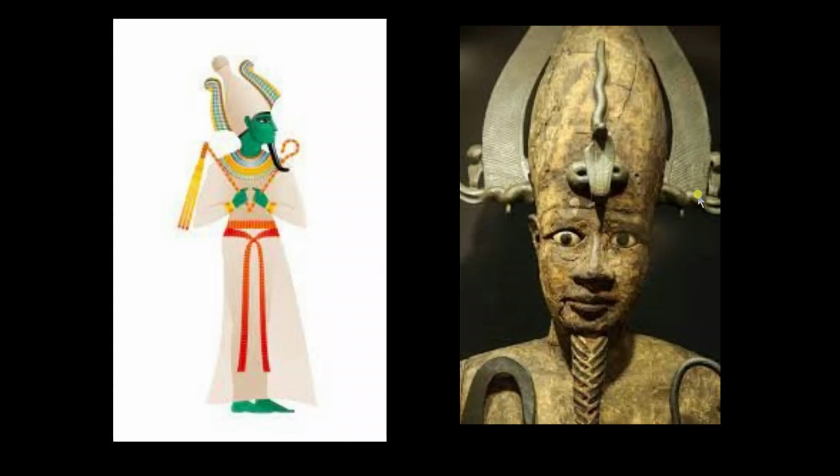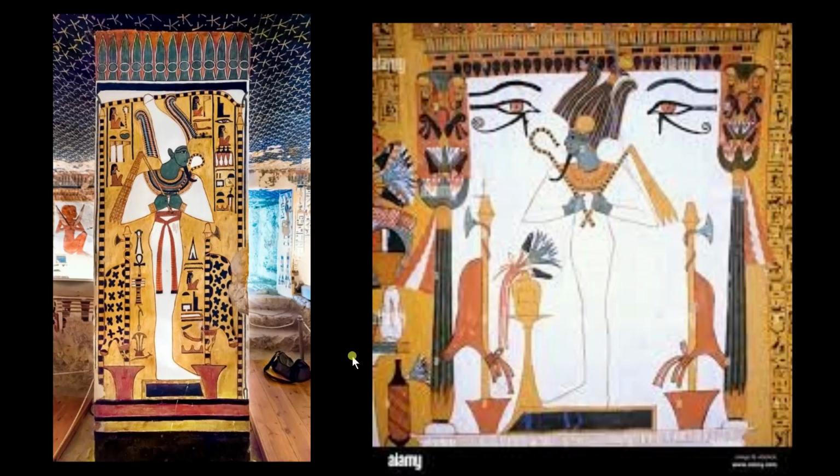Here we can see an idol of Osiris with his crown, and we can see the two feathers of Maat on either side, and coming down the crown of the north is the serpent to the forehead, where we would find the bindi spot or the crown chakra in other cultures.